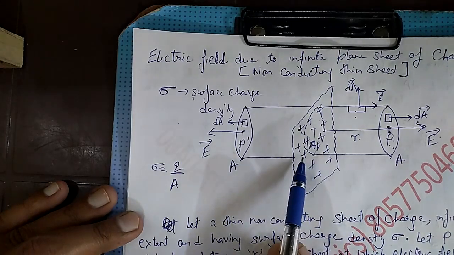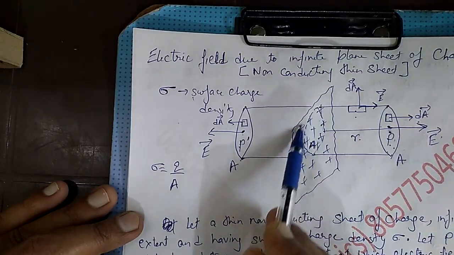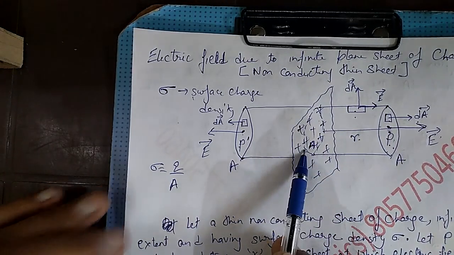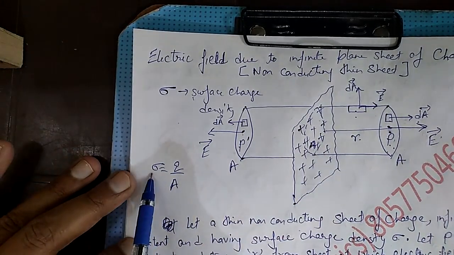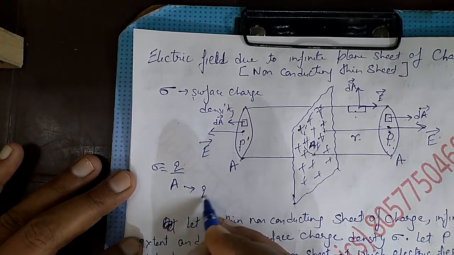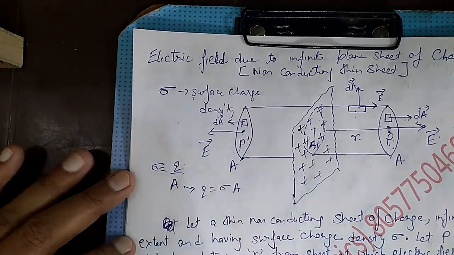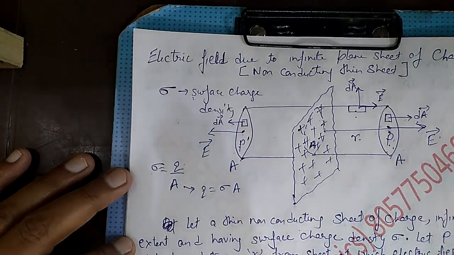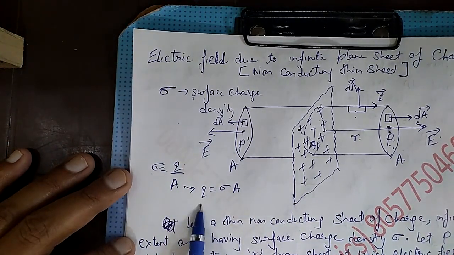So the charge which is present in area A is the charge enclosed. So we have sigma equal to Q upon A. So from this we'll say Q equal to sigma A. So when we apply Gauss theorem, charge enclosed Q is equal to sigma A.